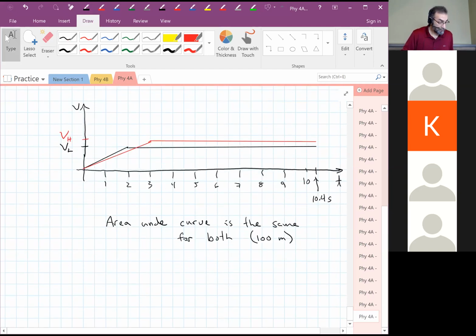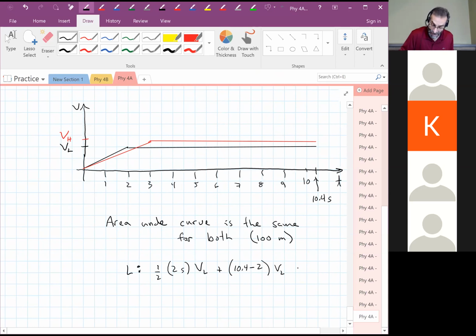So for Laura, we look at this, we have the area under the curve is 1/2 times 2 times their maximum speed, plus the area of the rectangle next to it, which is 10.4 minus 2 times VL.